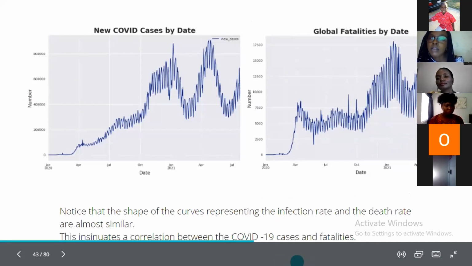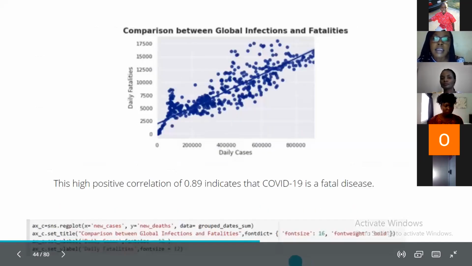Sometimes, yes, we know that people have died, that is general knowledge, but to clearly prove it, we have to do a correlation, and we can clearly see a positive correlation of 0.89. This proves with no doubt that this is a fatal disease and measures need to be taken for it to just end.